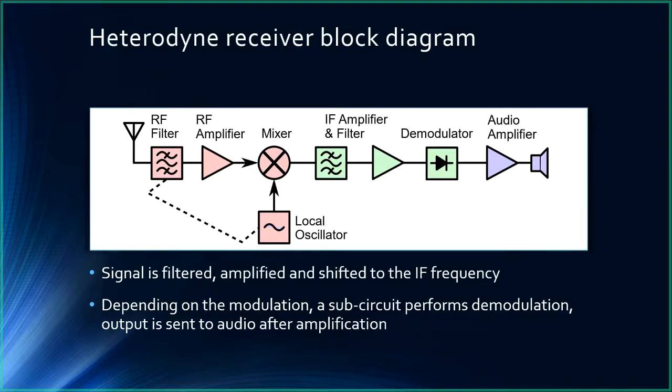The electronic circuit at demodulation is specific to the modulation mode you're listening to. If you're listening to AM, FM, or SSB, you would have a different circuit. But the first part, the RF filtering, amplifier, and mixer are usually common and not really dependent on the modulation you're listening to.